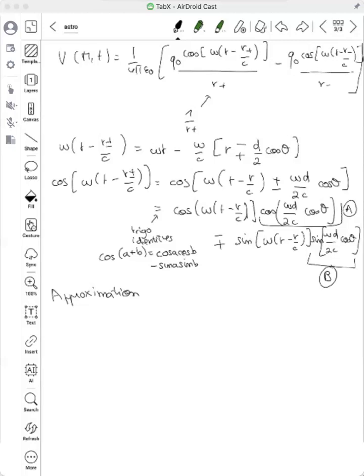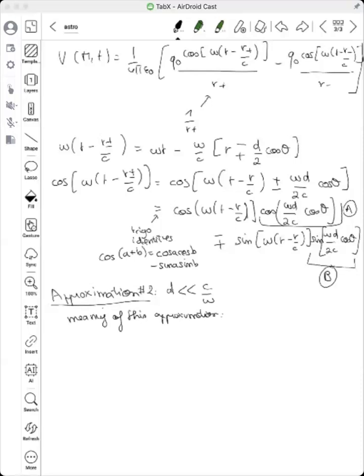I'm assuming that d is much smaller than c over omega. Now, let's reflect on the meaning of this approximation. What does it mean?